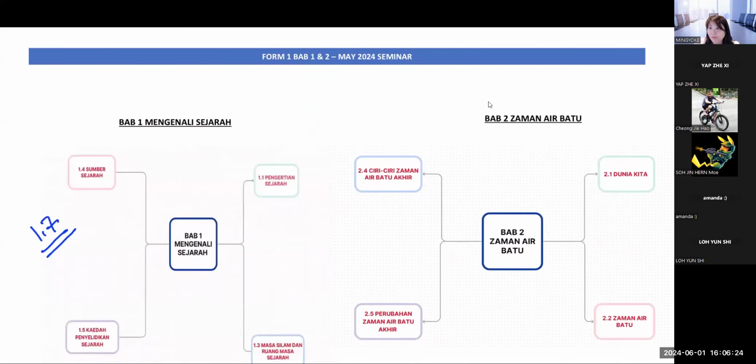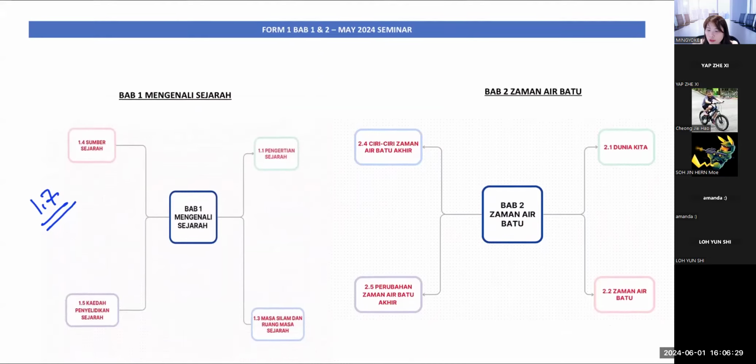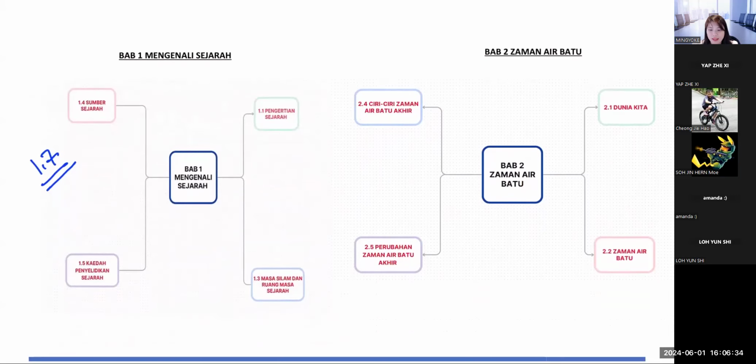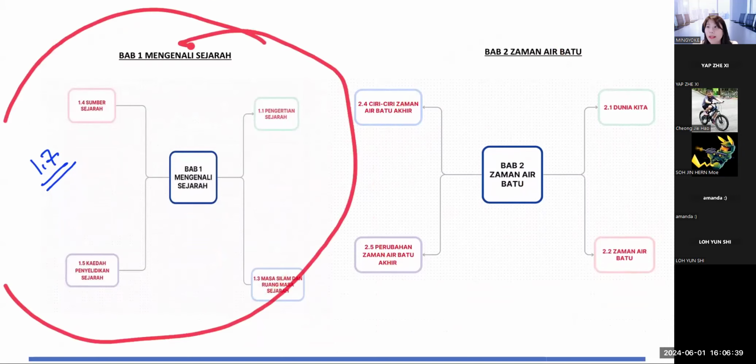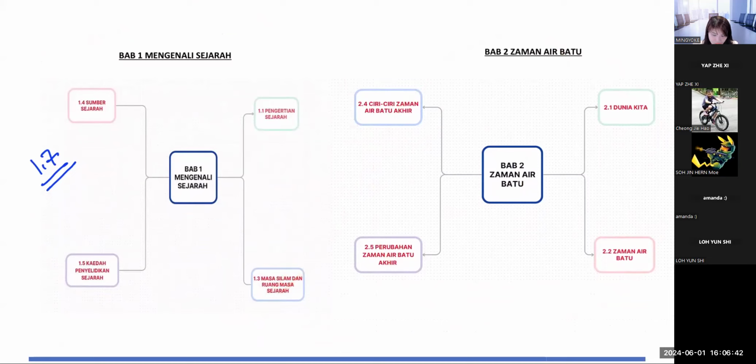Look here, guys. First of all, our notes are divided into Bab 1 and Bab 2. We do not include all the subtopics, only the most common parts. For example, in Bab 1, we need to know what history is: the meanings of history, the timeline of history, masa silam, ruang masa, and the sources of history.